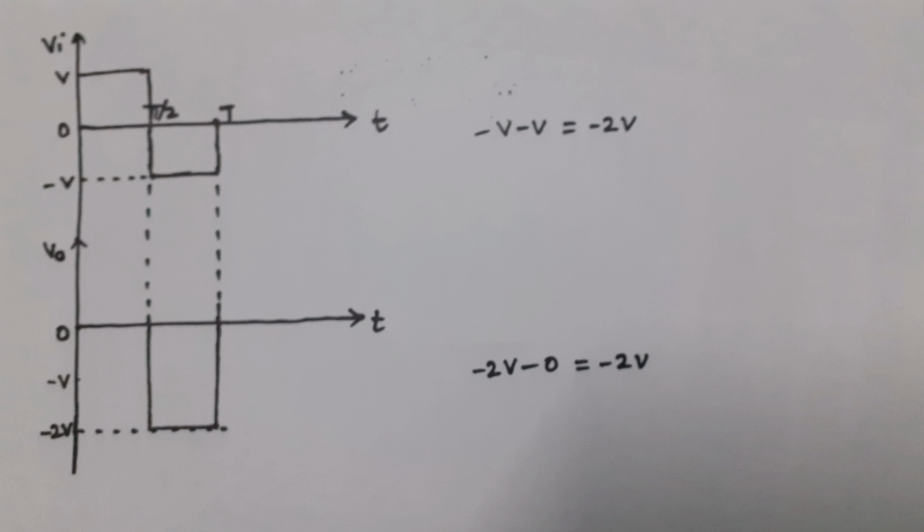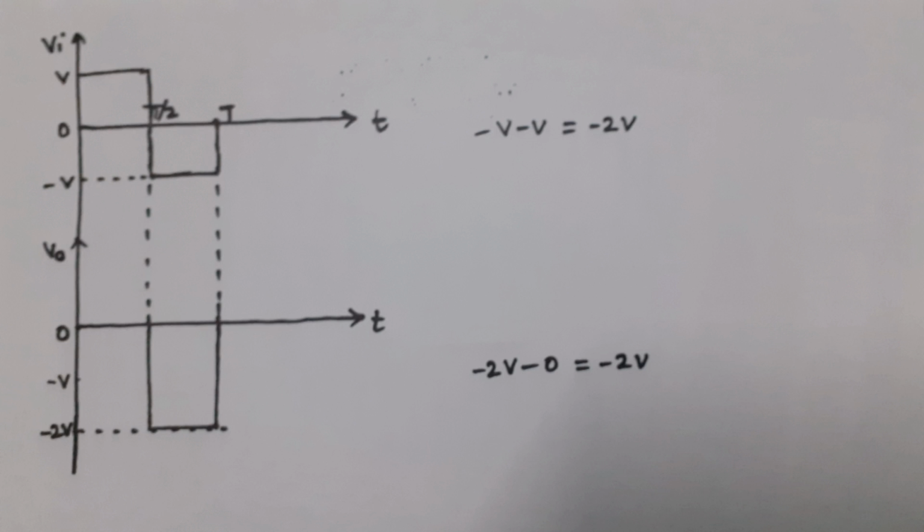As in the input we have the positive cycle from 0 to T/2 time interval, correspondingly in the output we have 0 output, and from T/2 to T interval we have the negative cycle in the input waveform, and in the output waveform we have a negative waveform from 0 to minus 2V. So from 0 to V we have 0 output, and from 0 to minus V we have 0 to minus 2V.